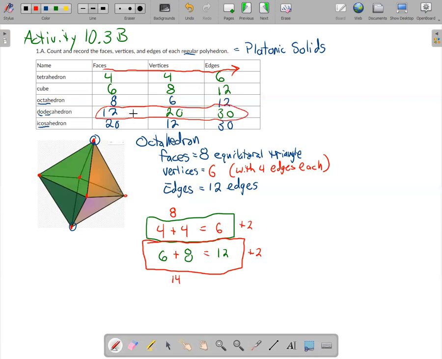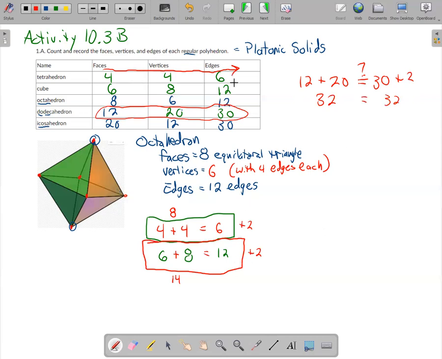So with the dodecahedron, if I take the 12 faces plus the 20 vertices, I think that's equal to the 30 edges plus 2. So 12 and 20 is 32, and 30 and 2 is 32. Check it out.